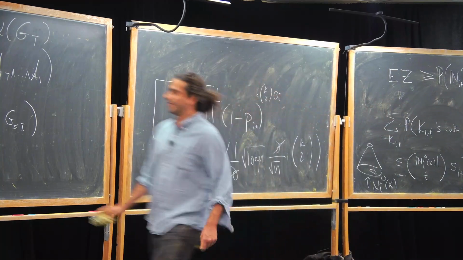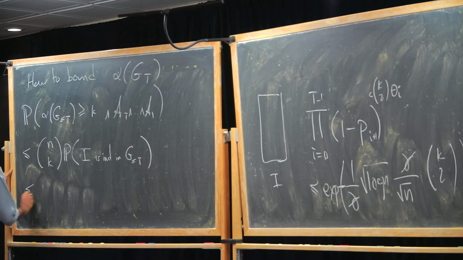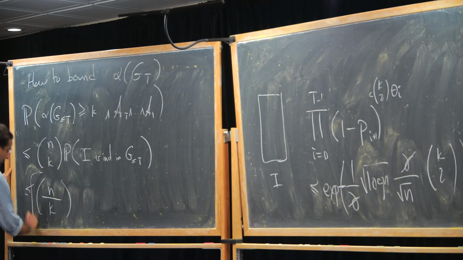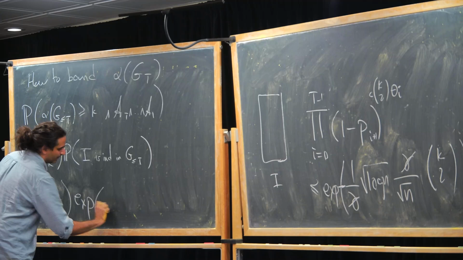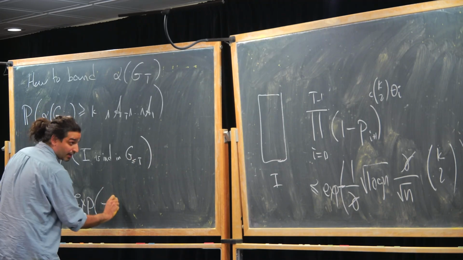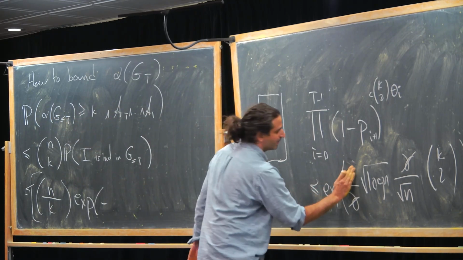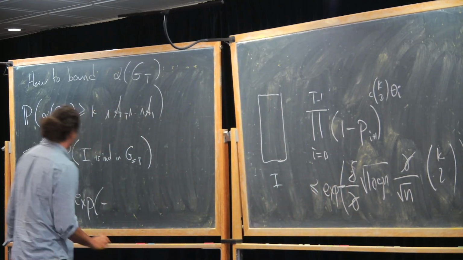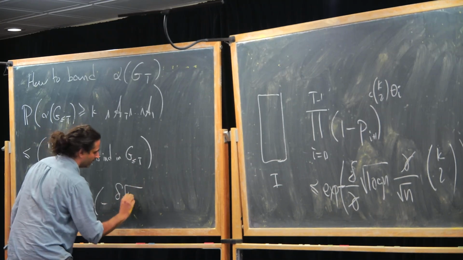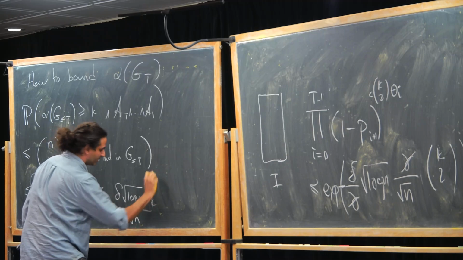So let's put this over here. This is at most n over k. Let's pull out a factor of k from both terms. So the logs cancel. Oh, I forgot a delta too, sorry. Delta root log n divided by root n times k.